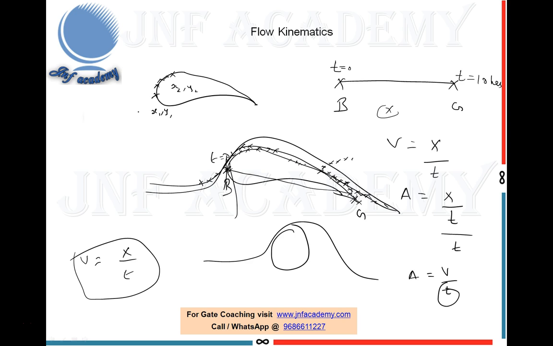Either it will get accelerated or it will get decelerated. So now you understand the major difference between the solid world and the fluid world, right? When the fluid particle goes, it will get convected, and you have to take care of the spatial changes as well. Not only the time derivative, there is a spatial derivative as well.